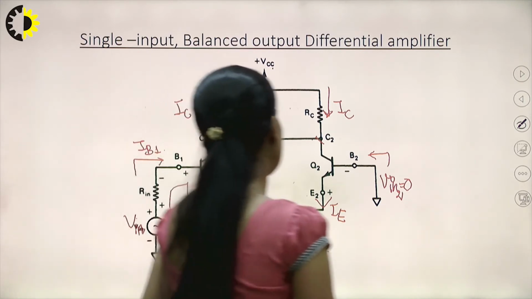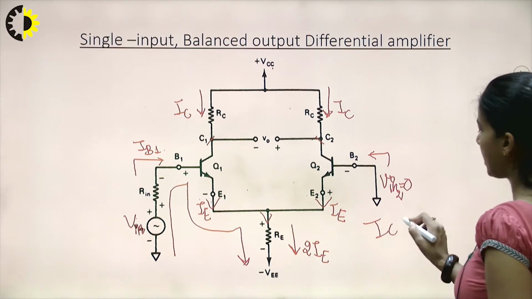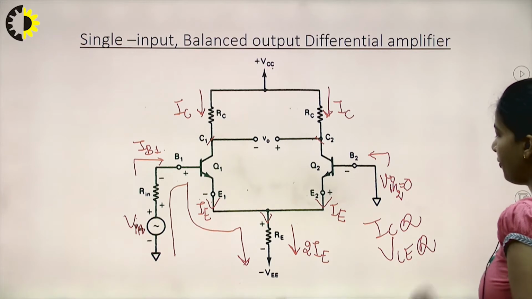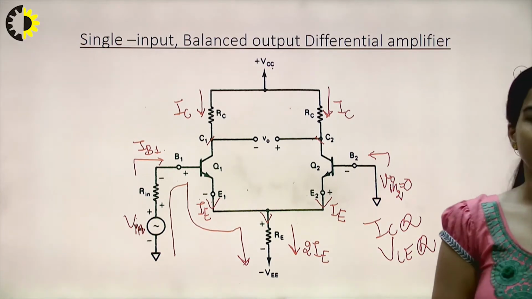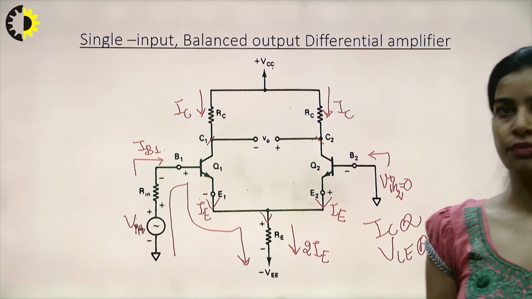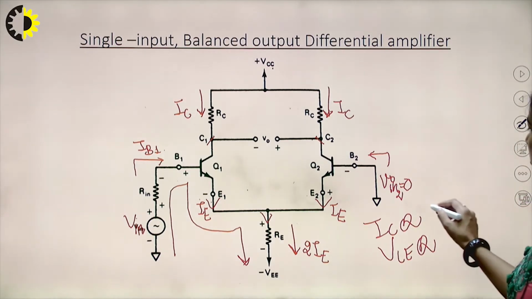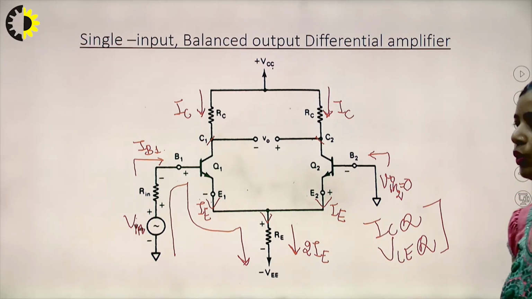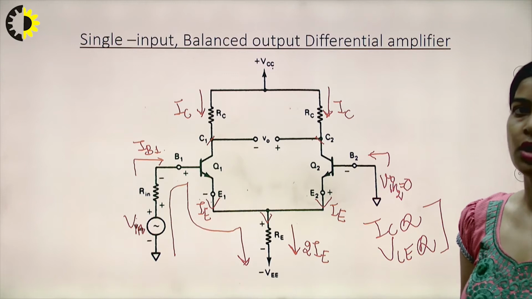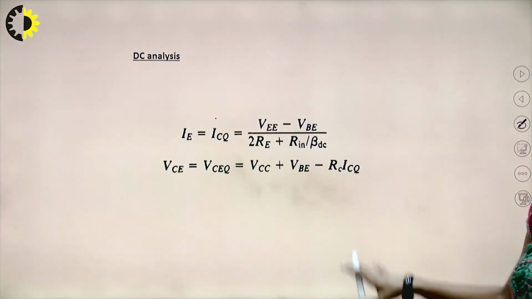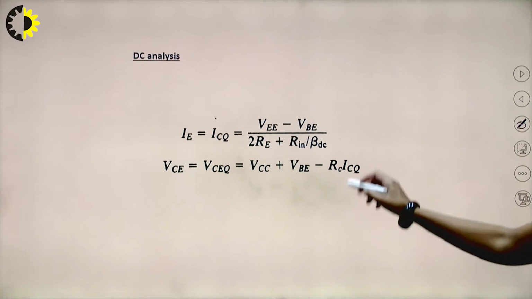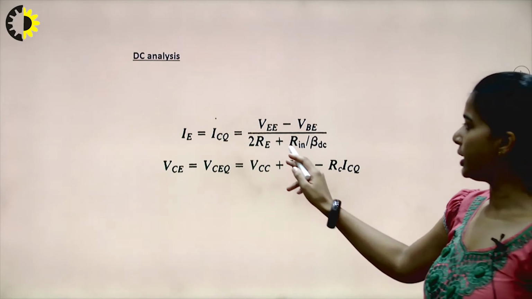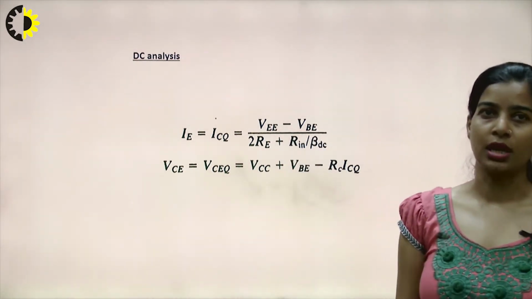So the quiescent values, that is the current ICQ and VCEQ, will be calculated in the same manner as in the previous configurations, and the expressions that we will be getting for these two will also be exactly the same because the circuit is the same. So the expression is ICQ equals VEE minus VBE divided by 2RE plus Rin divided by beta DC.